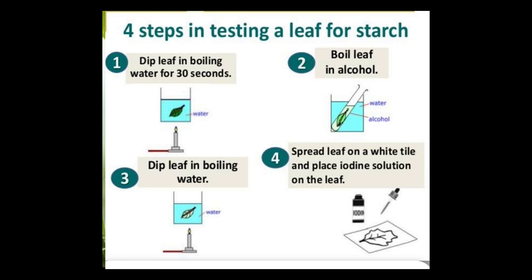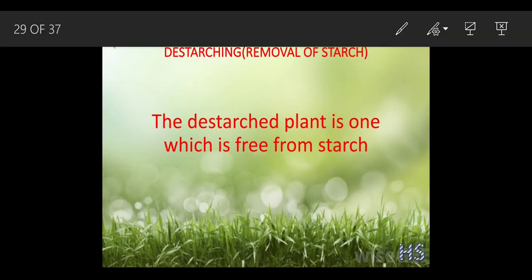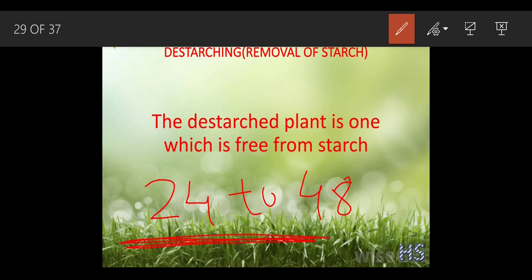Let's understand this process. For destarching, we should take a plant and keep it in the dark for around 24 to 48 hours. Take a plant, keep it in a dark room where there is no presence of sunlight.